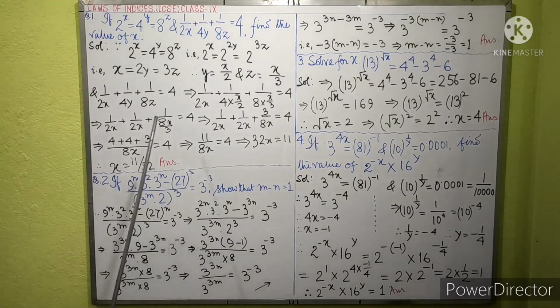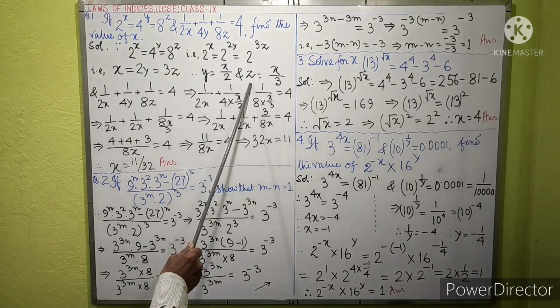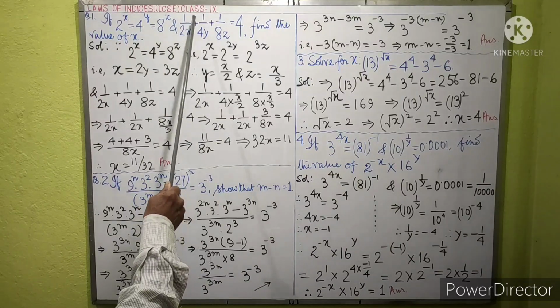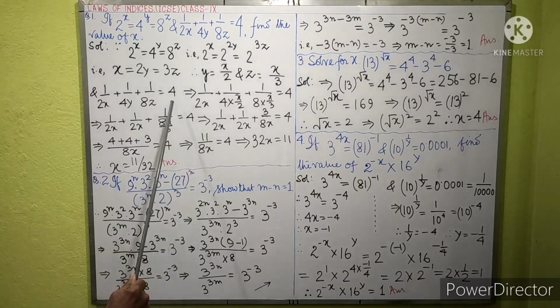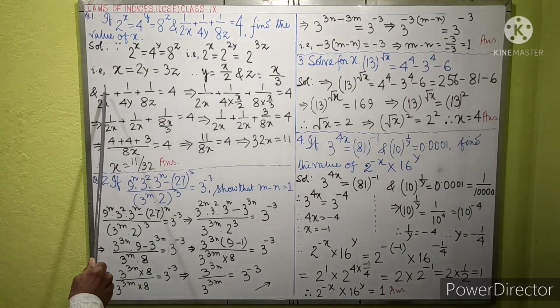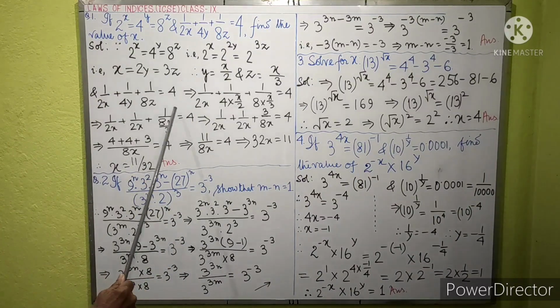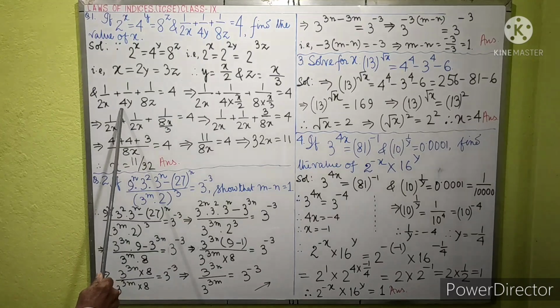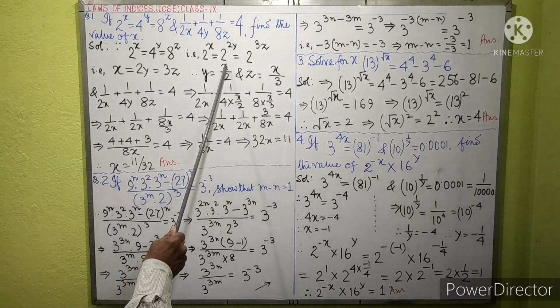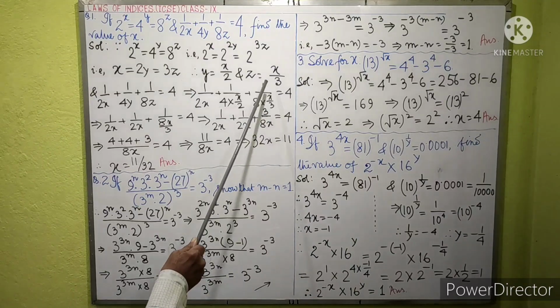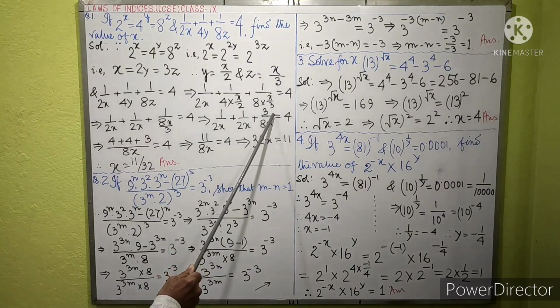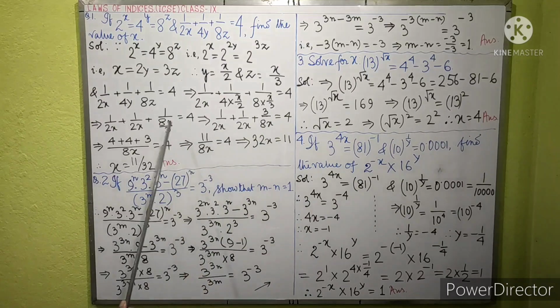Now, putting the value of y and z in the equation 1 by 2x plus 1 by 4y plus 1 by 8z equals 4, we will get 1 by 2x plus 1 by 4 into the value of y, which is x by 2, plus 1 by 8 into the value of z, which is x by 3, equals 4.